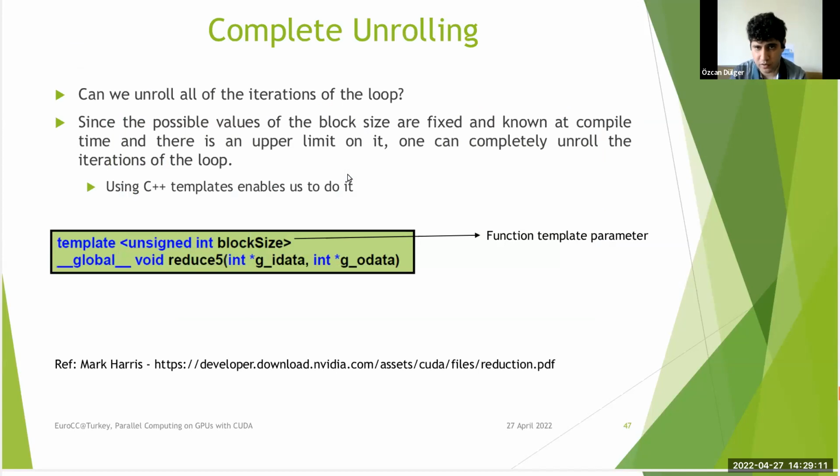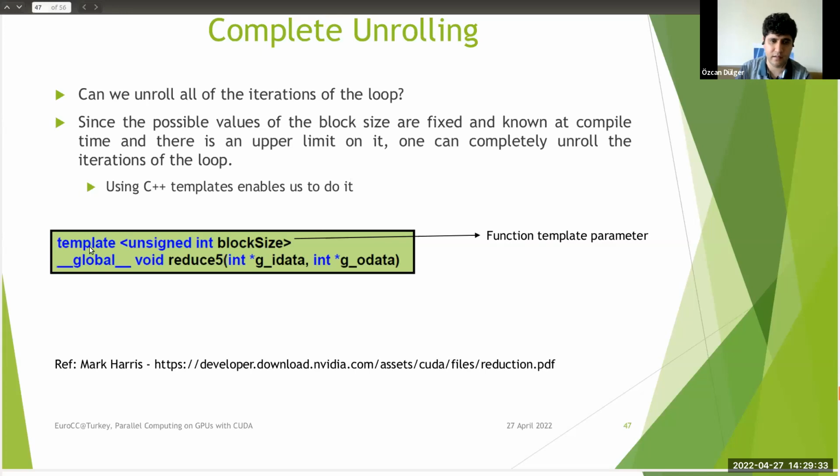So we know it at compile time, so we can completely unroll the iterations of the for loop. How can we do it? By using C++ templates, we can completely unroll the iterations of the loop.